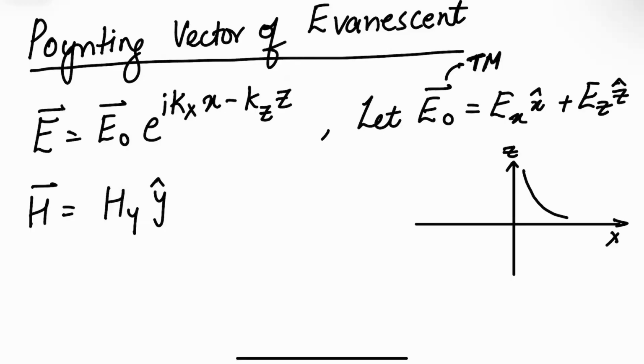The reason is that in an evanescent wave, E and K are actually not perpendicular. They can have components with respect to each other. So we're treating the case where you have an evanescent wave, and it's TM, which means E and H are perpendicular, but they don't have to be perpendicular to K. Not necessarily.